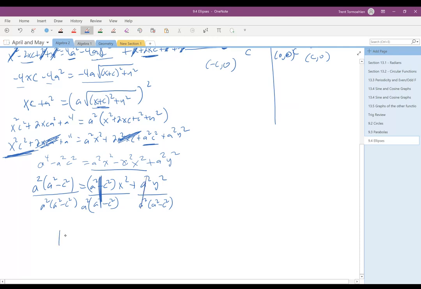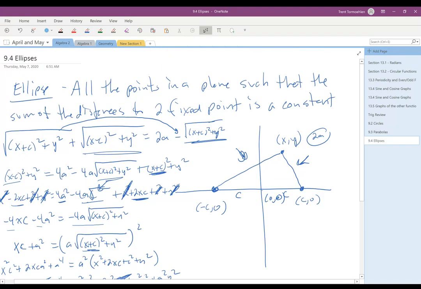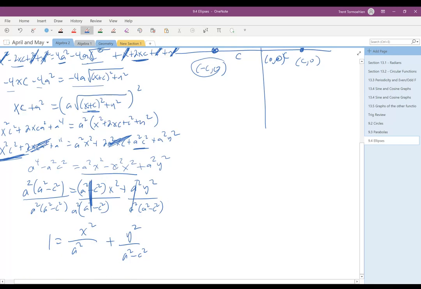So that gives me 1 equals x squared over a squared, and then y squared over a squared minus c squared. And so that takes this geometric definition based on a's and c's and gives us a very simple formula, which is 1 equals x squared over a squared plus y squared over a squared minus c squared.